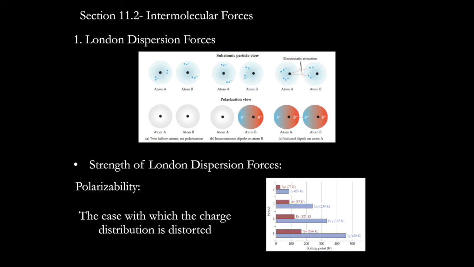A molecule or an atom is more polarizable, meaning it's easier to distort the charge and create this London dispersion force, if it has more electrons, and more electrons with larger masses. So when you're comparing the strengths of London dispersion forces, the greater the mass of a molecule or atom, the more electrons it has, and therefore the more polarizable it is.